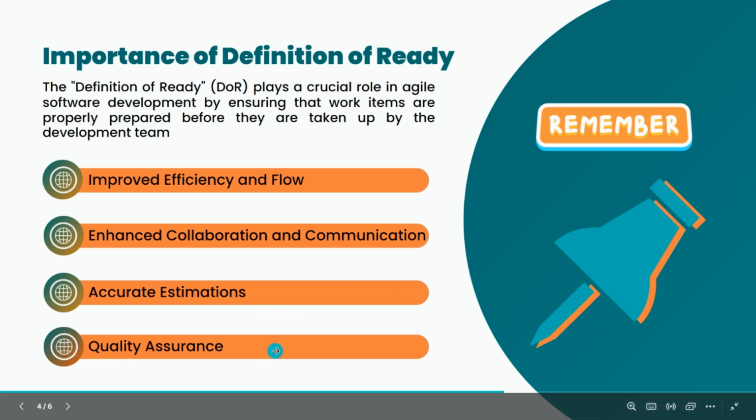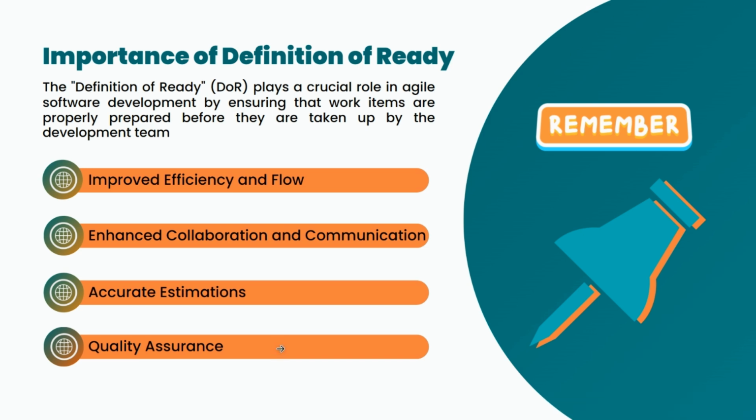Then quality assurance. We are talking about a detailed user story, a very clear user story, so it conveys the expectation very clearly. We are talking about acceptance criteria, which defines how we will decide that the story is completed and can be considered done.